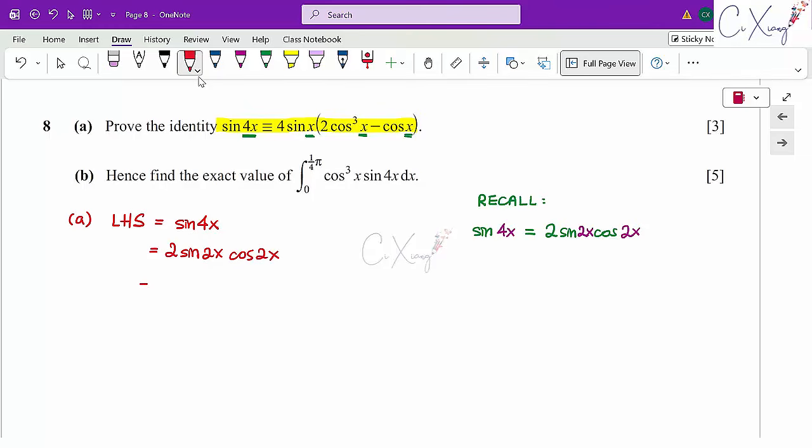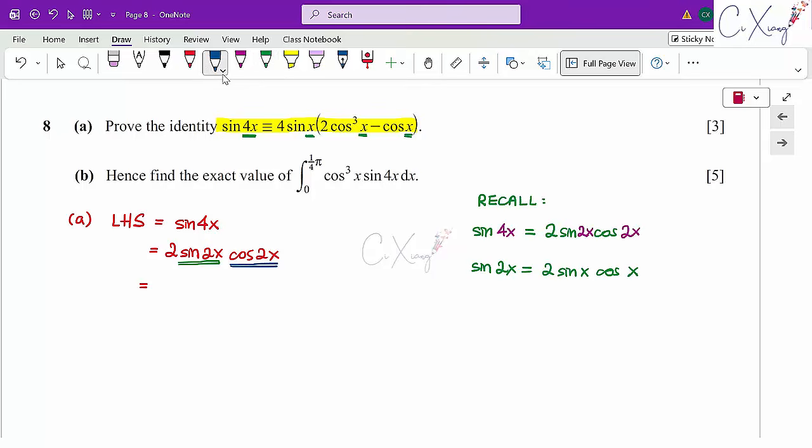Next, if you have a look here, we have sine 2x and also cos 2x. Again, for sine 2x we use the original identity, 2 sine x cos x.